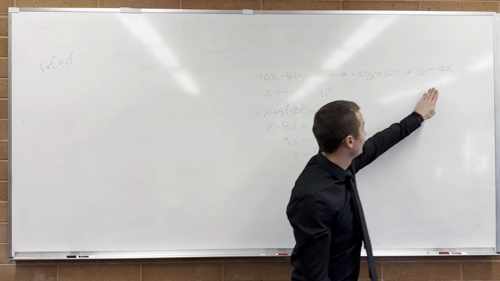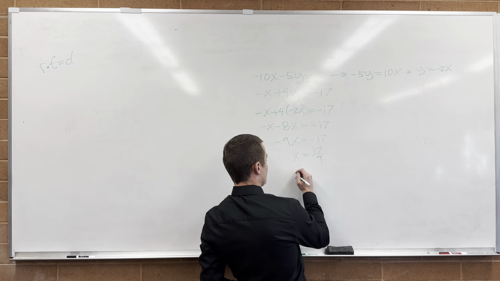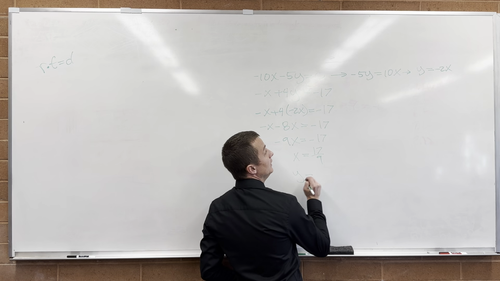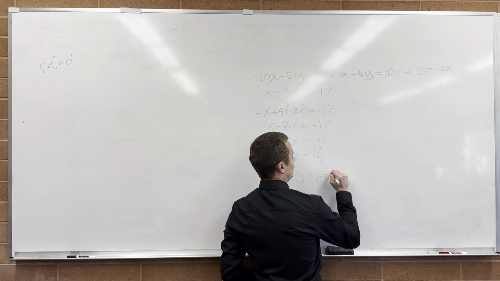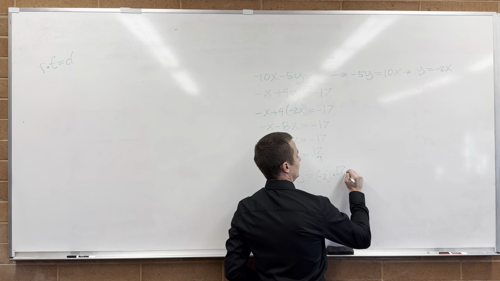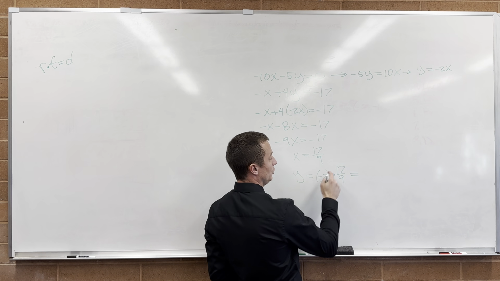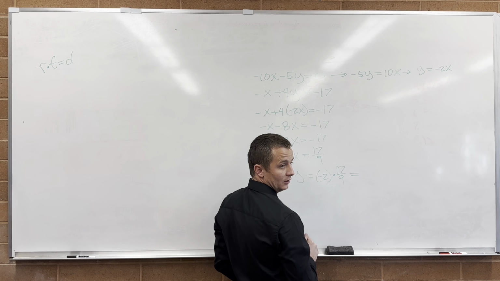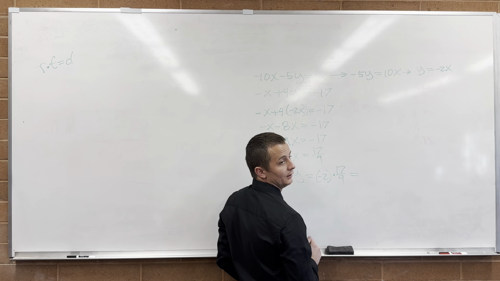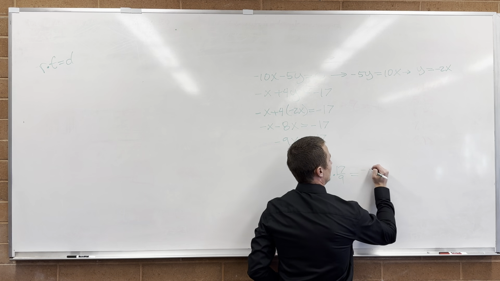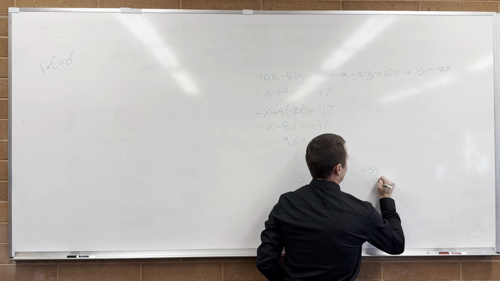Now we can use that to solve for y. Y is equal to negative 2 times x. What's negative 2 times 17? Negative 34 over 9.